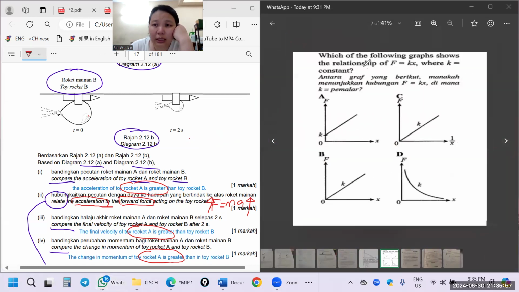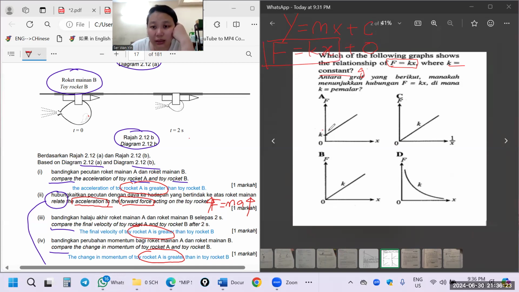Okay, the same thing, this F equals kx, k equals constant. K equals constant means normally we can make y equals mx plus c. So F equals kx plus 0, which means F equals kx, no y-intercept.